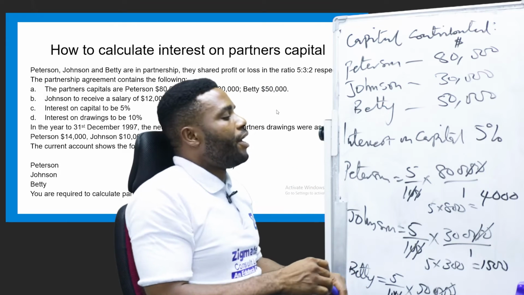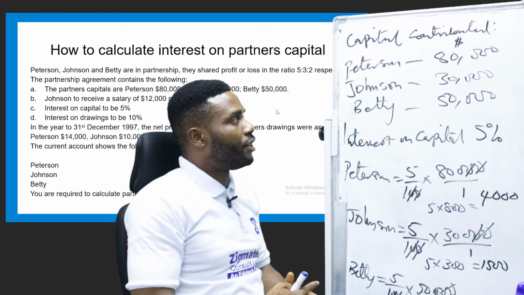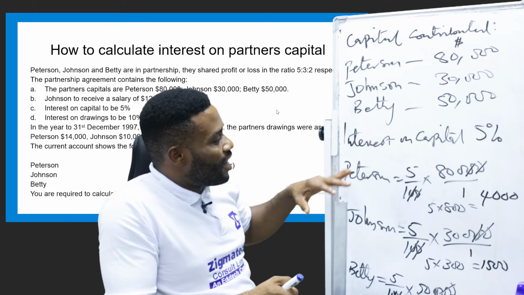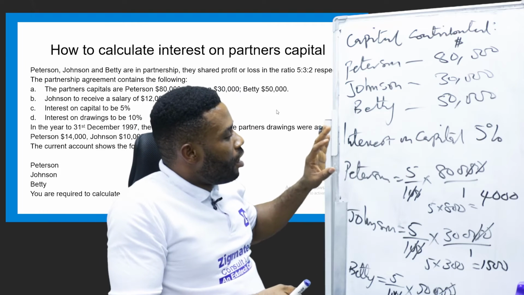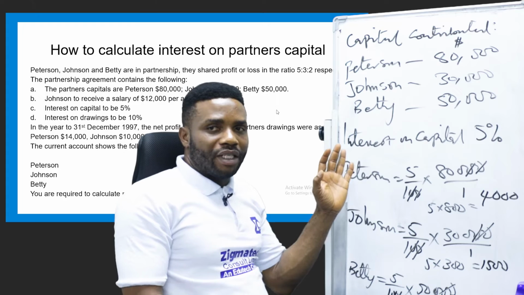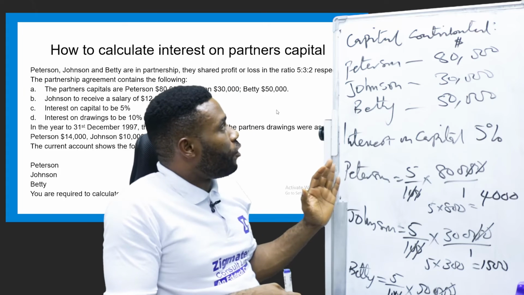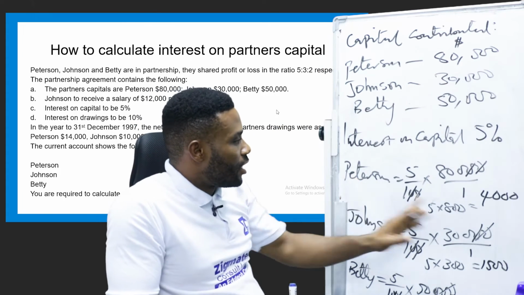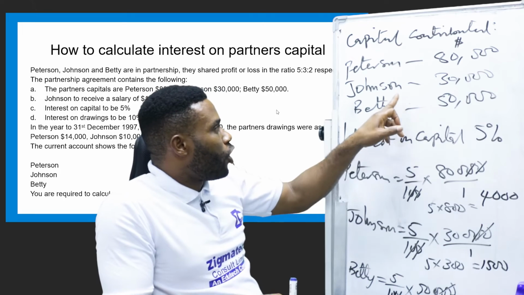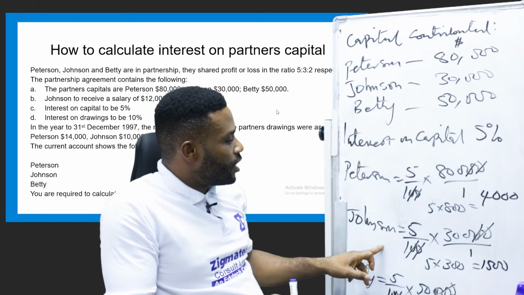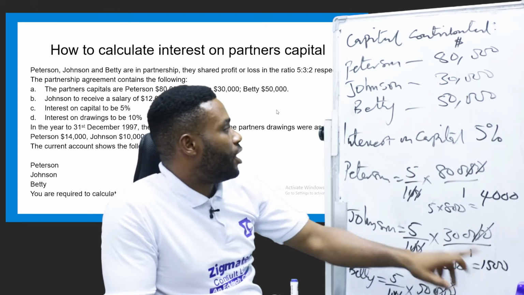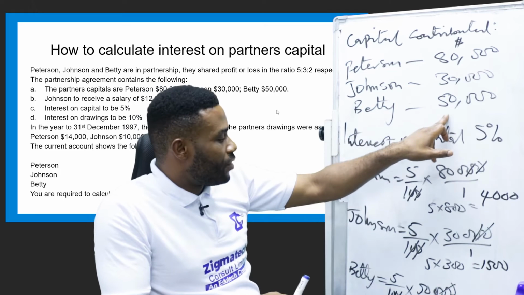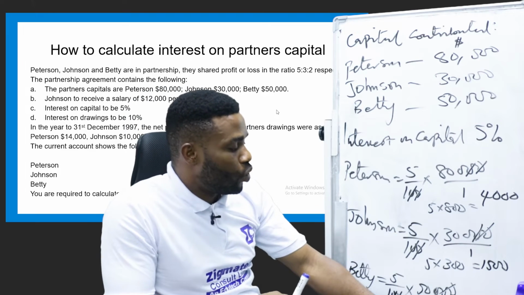So now look at the calculation we have on the board. We've been able to ascertain the interest on capital that is accruable for each of them. For Peterson, who brought 80,000, his interest is 4,000. For Johnson, who brought 30,000, his interest is 1,500. And for Betty, who brought 50,000, his interest is 2,500.